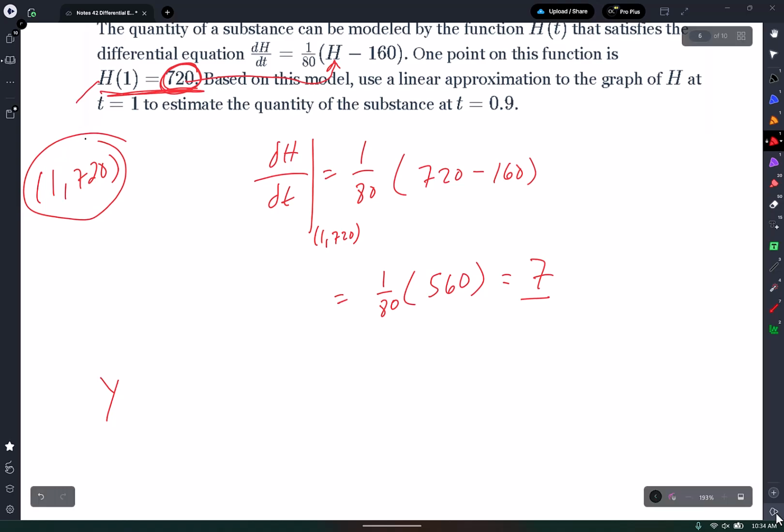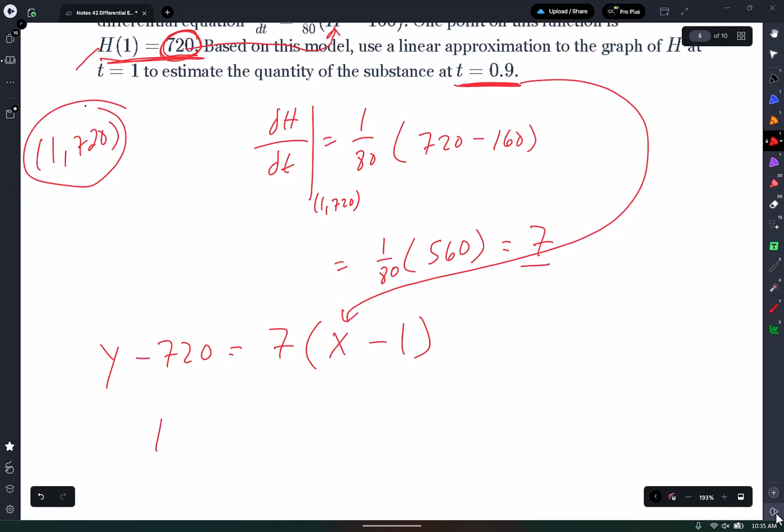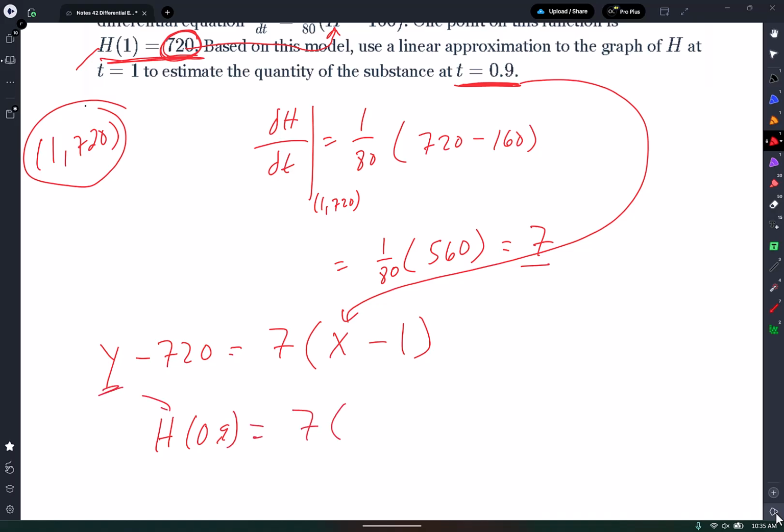Okay. y minus 720 equals 7 times (x minus 1), where x is really a t, but that's fine. And what value am I going to plug in for x or for t? 0.9. So I'm going to write h of 0.9, that's like my y here, equals 7 times (0.9 minus 1), plus 720.